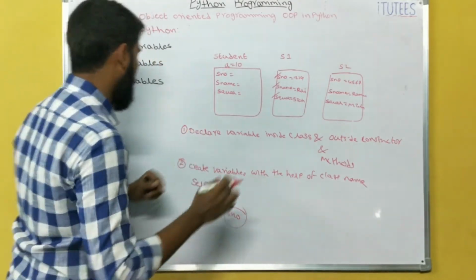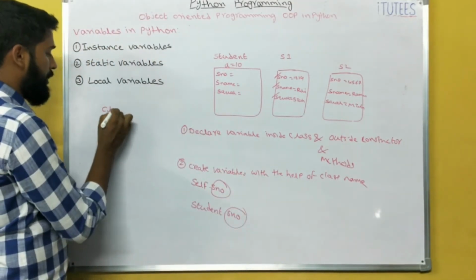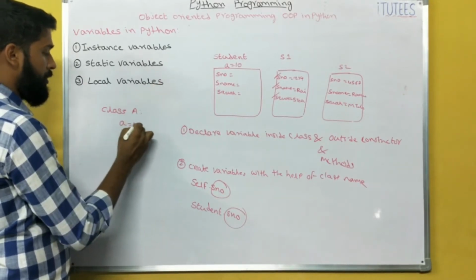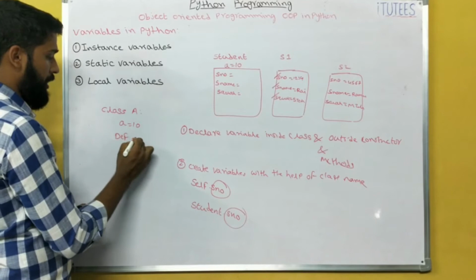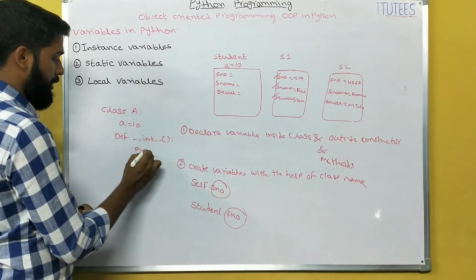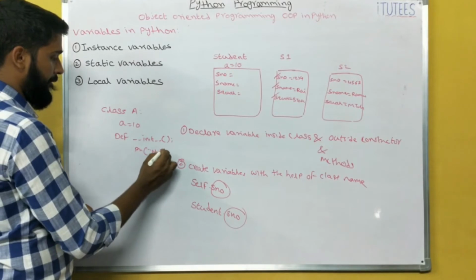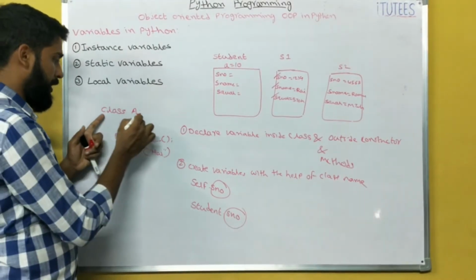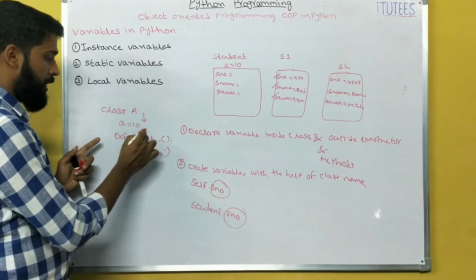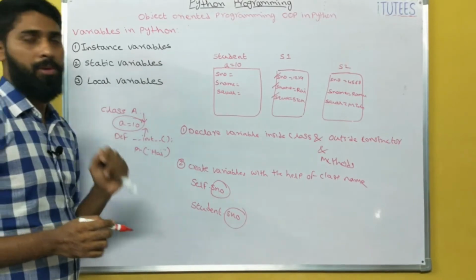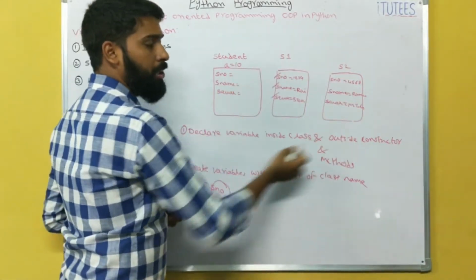One is declaring the value: class A, a equals to 10, then def and a constructor printing hi. Where do I define this variable? Inside the class, outside the function.